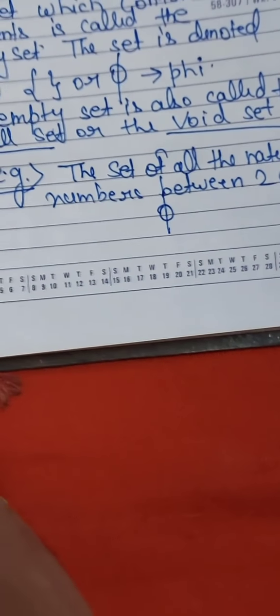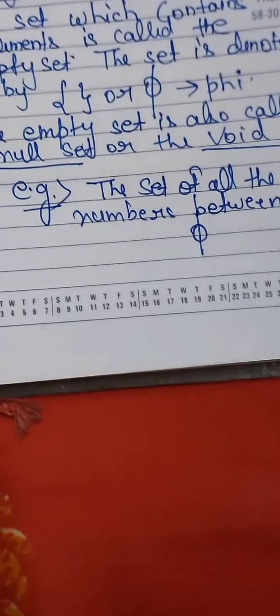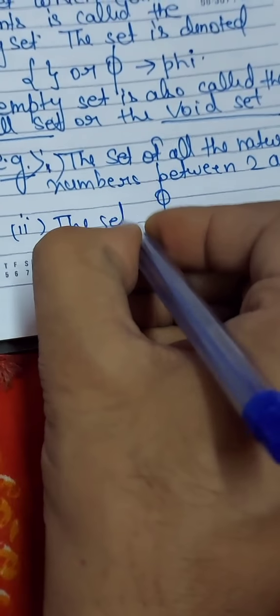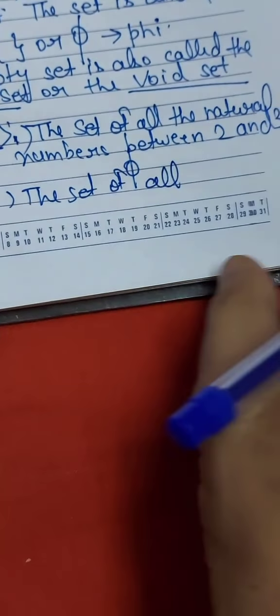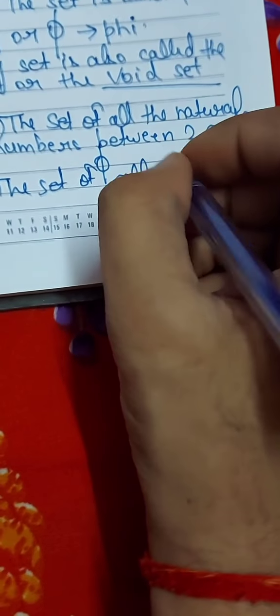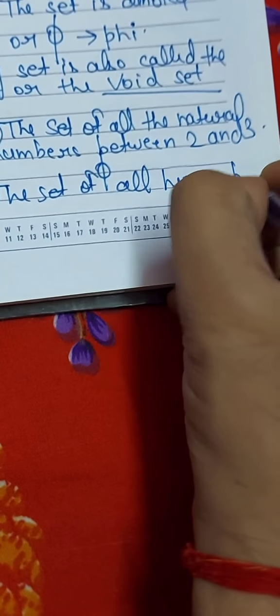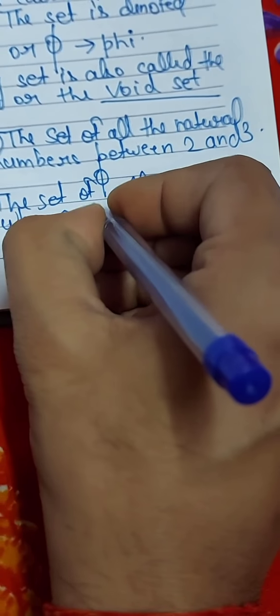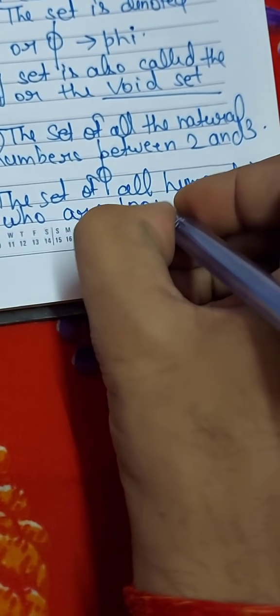Suppose you make an example like the set of all human beings who are 100-meter tall.